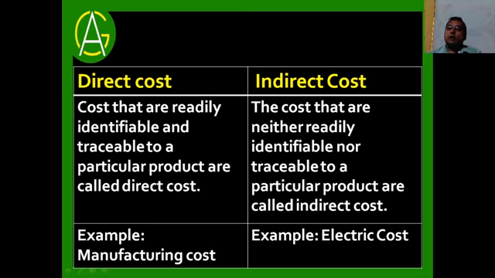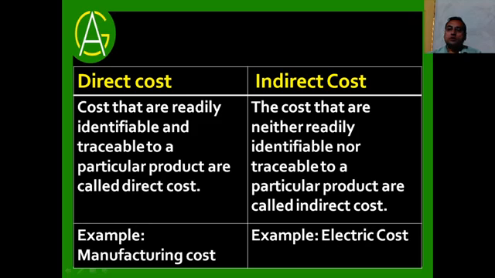Another example, the factory where benches are manufactured, a telephone must have been used. Now by seeing the bench, you cannot identify what amount of telephone bill has been incurred on this particular bench. So the telephone bill is neither readily identifiable, nor can it be recognized from seeing the product. That is why that is considered as an indirect cost.